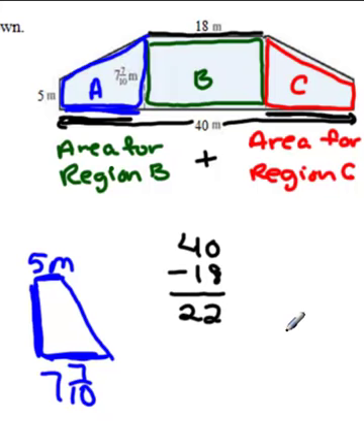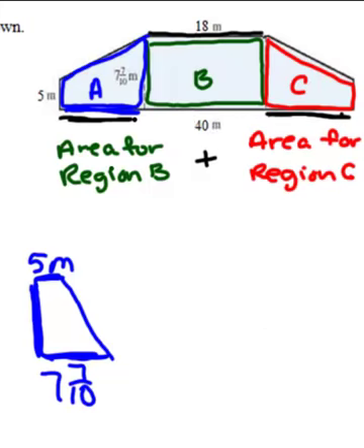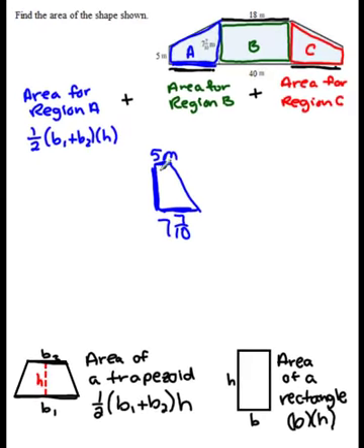So individually they must be 11, because if I take 22 and divide it by 2, I get 11. And so each one of these tiny pieces has to be 11. 11 plus 18 plus 11 will get us 40. So that means that this height here, which is the same as this distance right here, is 11 meters.